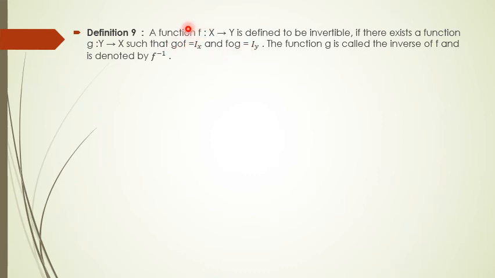That is, a function f is given, we need to find another function g from Y to X which satisfies these two conditions. Then we can say that this f is an invertible function and g is the inverse of f.